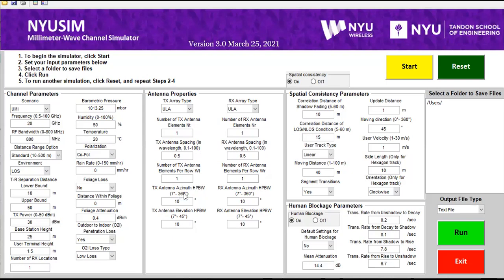Then TX antenna azimuth. Azimuth means the horizontal angle made with the direction of north. Like east, pure east has an azimuth of 90 degrees. The west has an azimuth of 270 degrees. Probably I understand what it is.